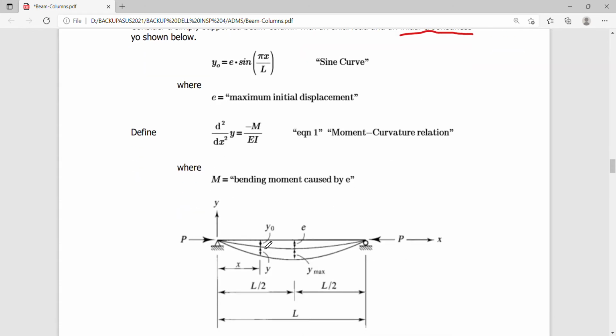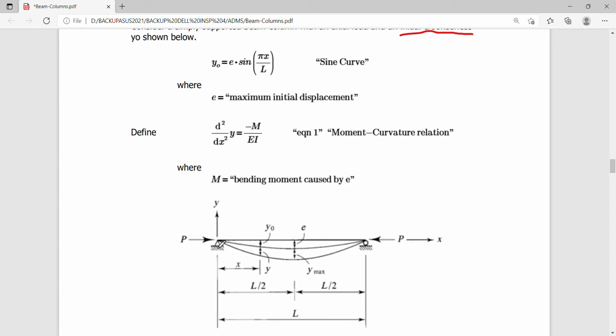Initial imperfection on straightness, or what you call crookedness, Y0. So if there's an initial imperfection, then buckling will begin, no? Buckling will commence, and this will cause your actual load P to take advantage of the situation, causing the beam to reach its critical buckling load.